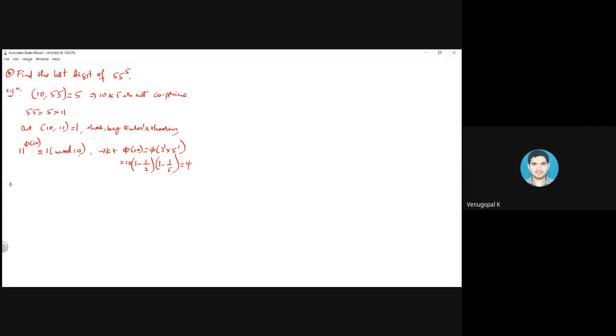This step would imply 11 power 4 is congruent to 1 mod 10.